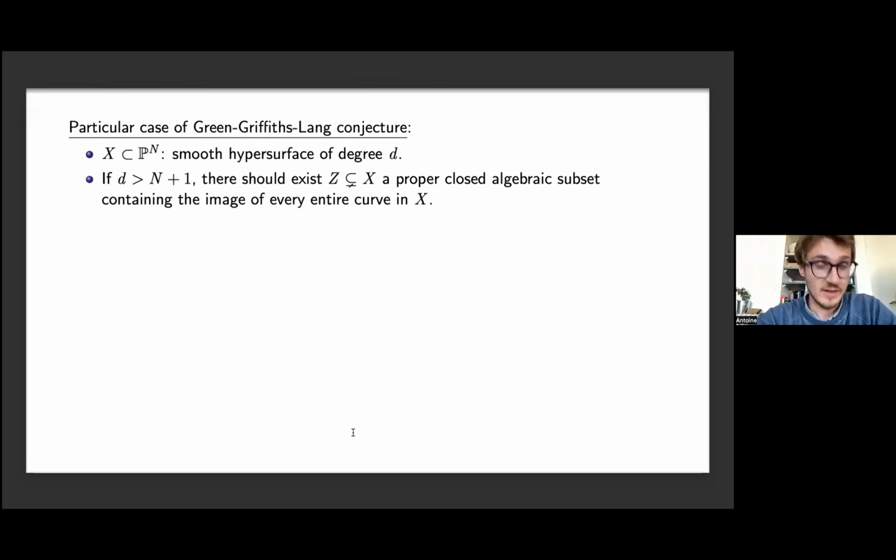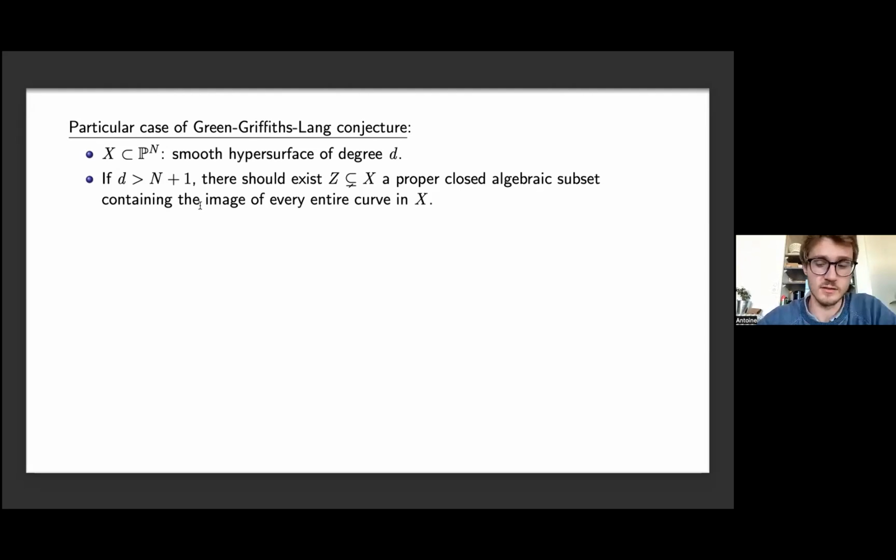And the Green-Griffiths-Lang conjecture in this case says the following. If the degree of the hypersurface is large enough, so here the bound is polynomial in n, it is n+1, then there should exist a proper closed algebraic subset that contains the image of every entire curve in X. Said otherwise, if the degree is large enough, there should not exist many entire curves, because if there are some, they should be included in something very specific.